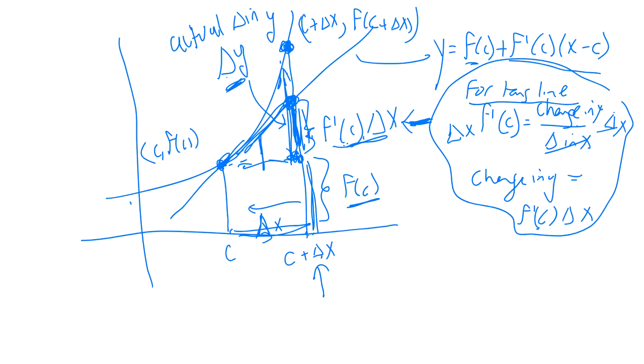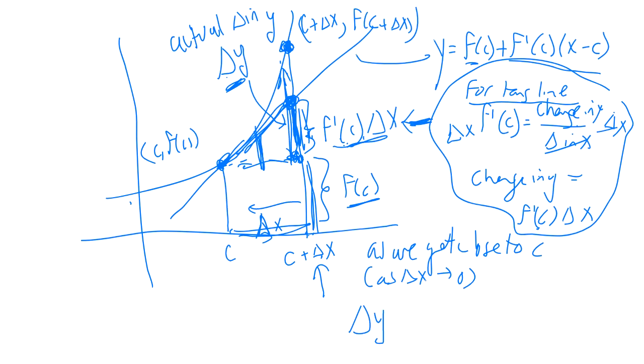Here's the value for f prime of c delta x, and there's the value for delta y, and they're pretty much the same. So what we say is, as we get close to c, as delta x gets smaller and smaller, then delta y is approximately equal to f prime of c delta x.